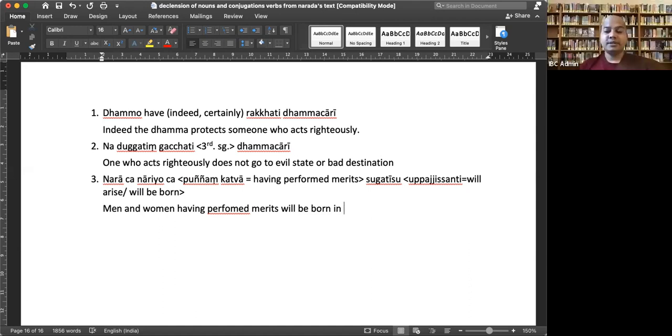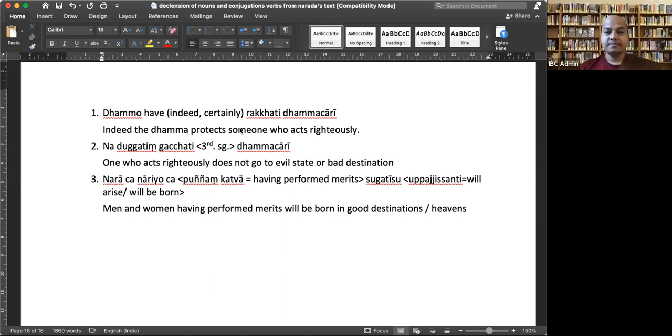Literally it means good states, good destinations. So that is referring to heavens, heavenly states. Having performed merits, they will be born in good destinations or heavens.